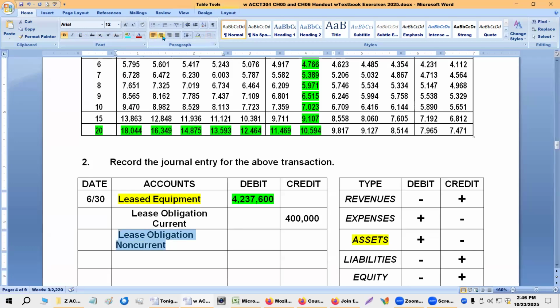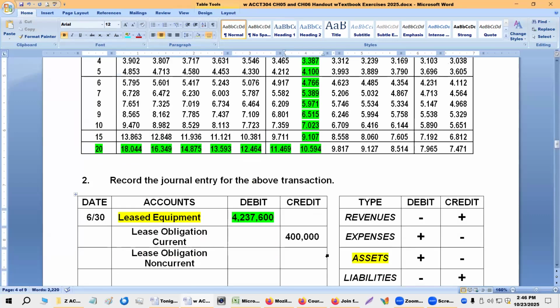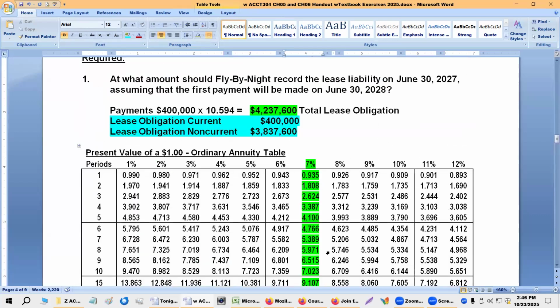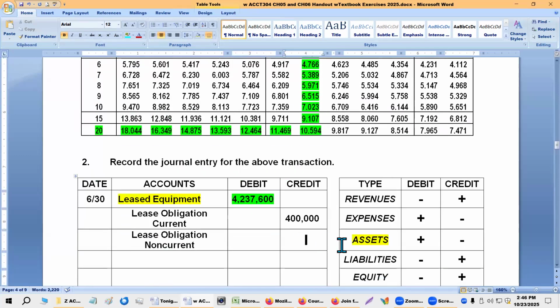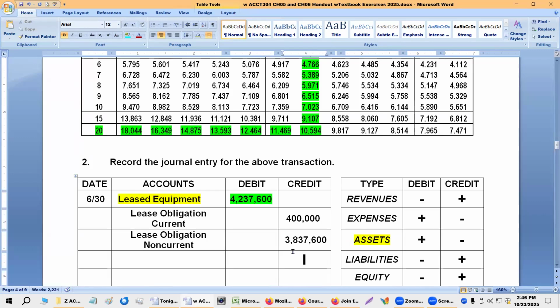It might be hyphenated. The non-current will be 3,837,600. So this is breaking those two up into the long and short-term parts of it.